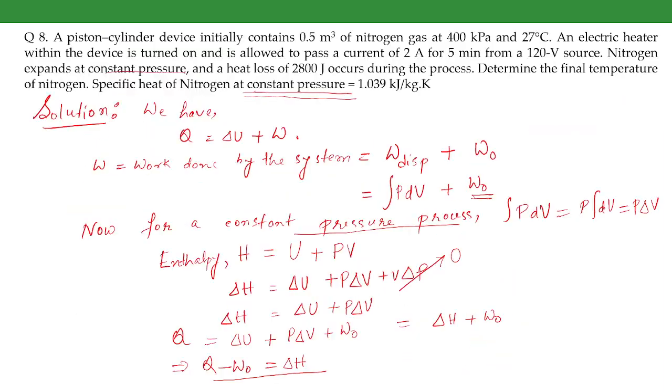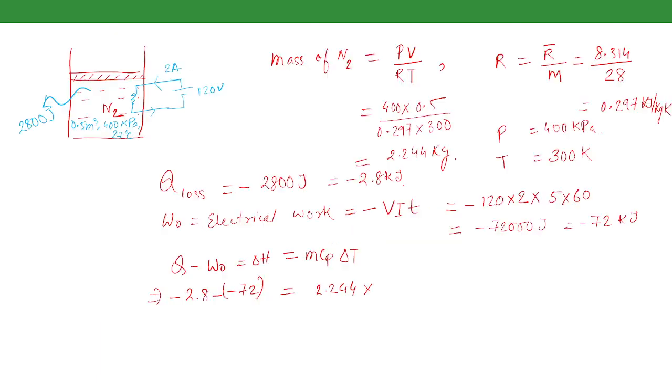What is the Cp value? It is 1.039, multiplied by the change in temperature, that is delta T.